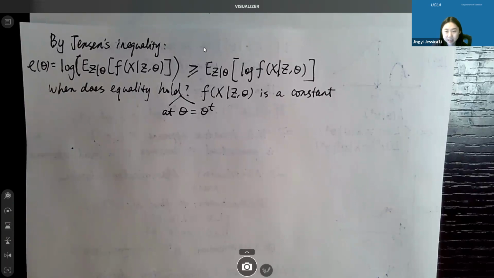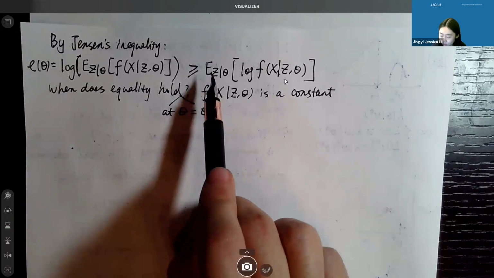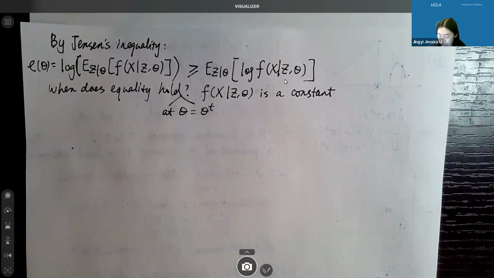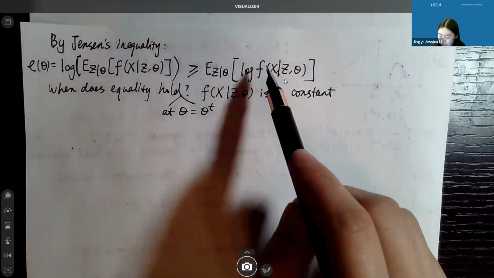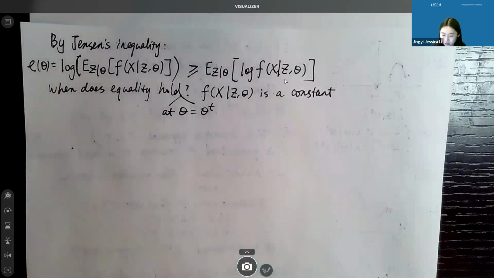Z, yep, Z will definitely contribute to it, right? But here the thing is that we are considering, yeah, I think you made a very good point. So basically when we take the expectation of Z out, in this conditional density, Z will be integrated out, right? So therefore, if that's a constant regardless of Z, then we're good.